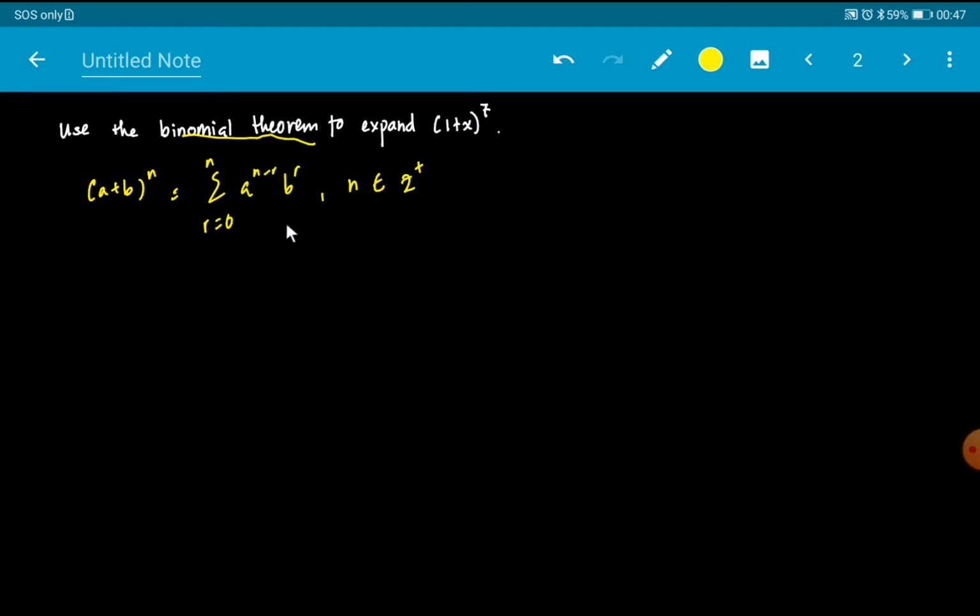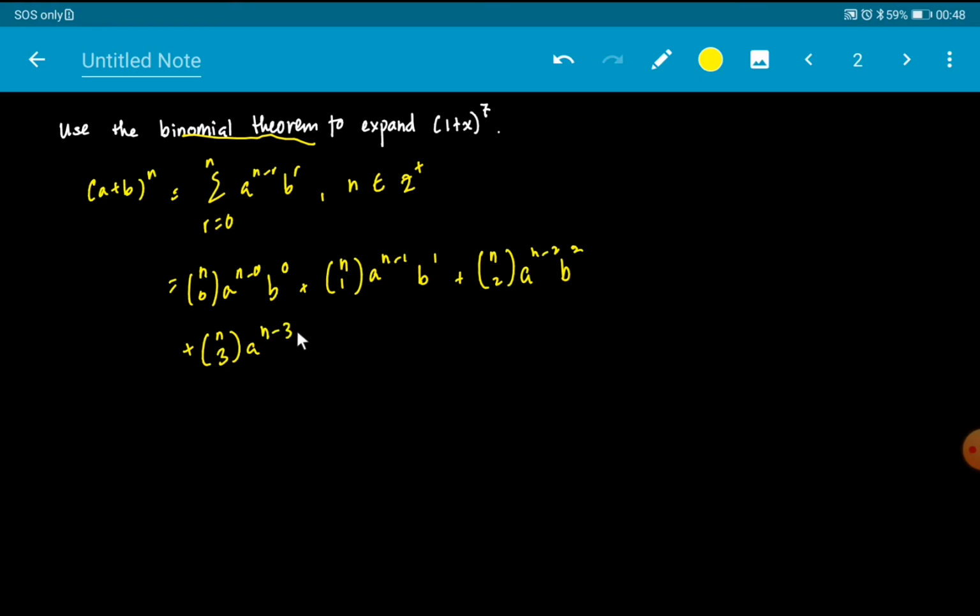When we use the binomial theorem, the summation from r equals 0 means nC0 a^(n−0) b^0 plus nC1 a^(n−1) b^1 plus nC2 a^(n−2) b^2 plus nC3 a^(n−3) b^3 plus dot dot dot until you get nCn a^(n−n) b^n. This theorem is for n a positive integer.